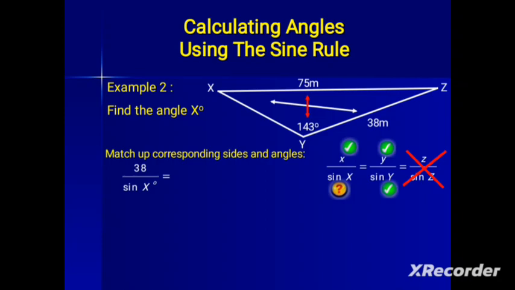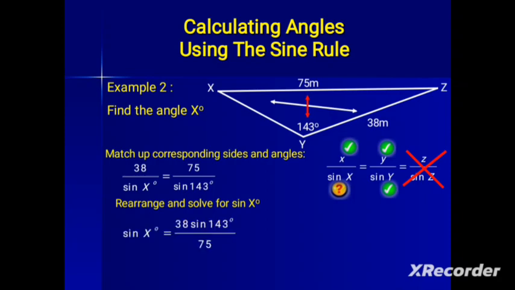Therefore, we'll have 38 over sine of x degrees equal to 75 over sine 143 degrees. Rearranging and solving for sine x will get us 38 sine 143 degrees over 75.